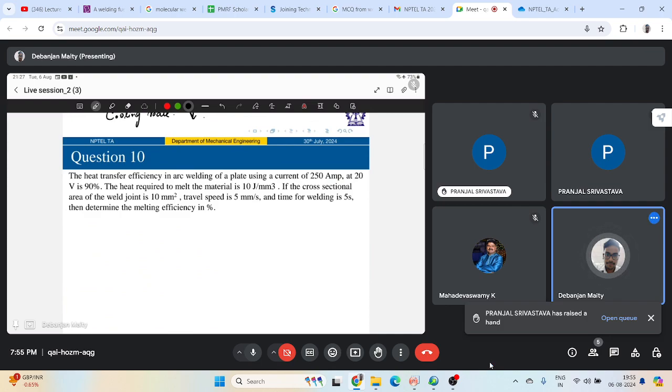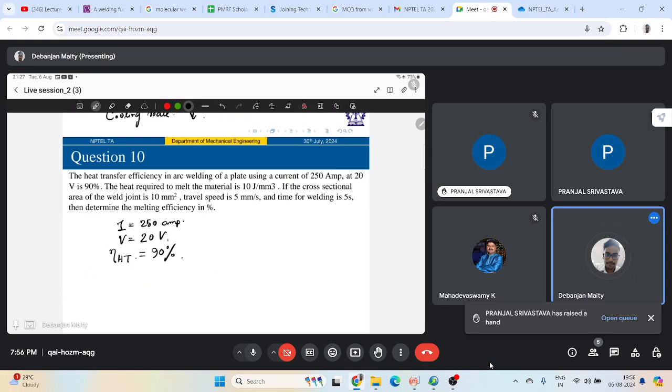In this numerical, the welding current is 250 amp, voltage is 20 volt, and heat transfer efficiency is given as 90%, right?